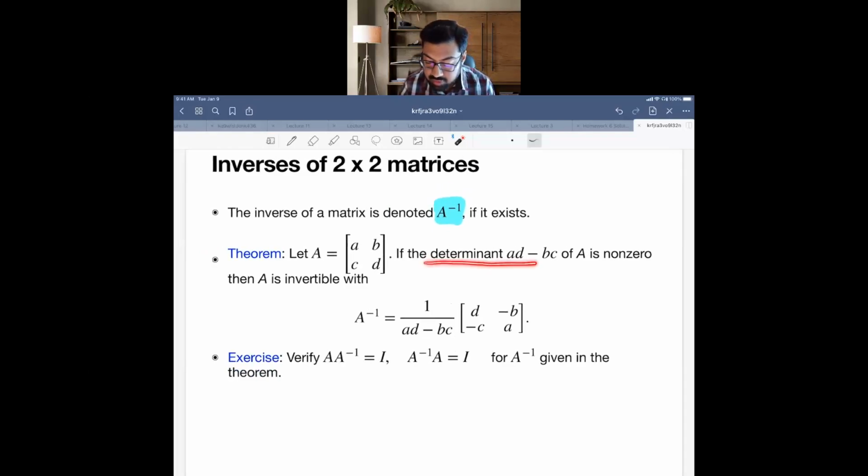If the determinant of matrix A, AD minus BC, is non-zero, then we can say that A is invertible. And the way you do that is A inverse is going to be 1 over the determinant, right? This is the determinant. And then you have the adjugate of A.